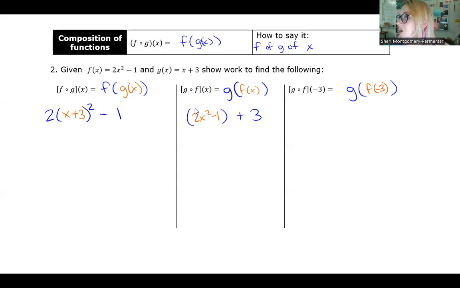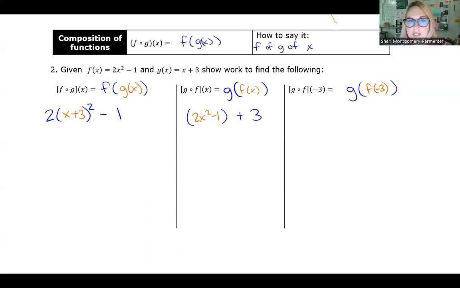If you're not following along, it's going to be really hard to do well on this next assessment. So all I'm doing is taking one function and plugging it into the other one. I'm going to do the same first step for this one, the g function.